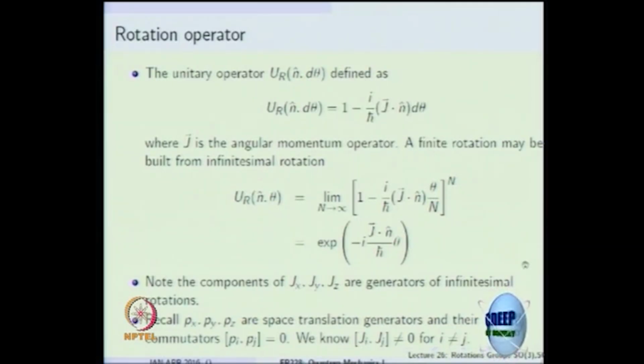And there is one subtlety which you should compare between translations and rotations. In translation, if I do translation along x and then do a translation along y, or if you do y and then x, the final destination will be the same, right? What is the reason?